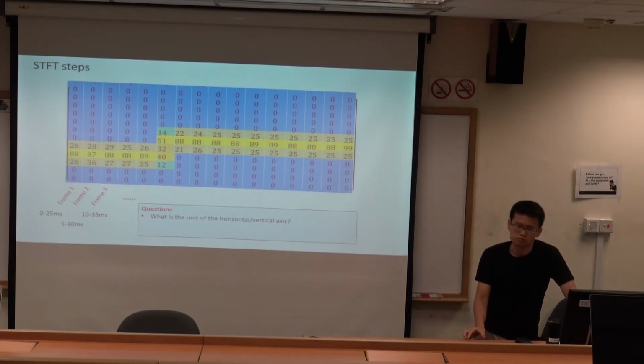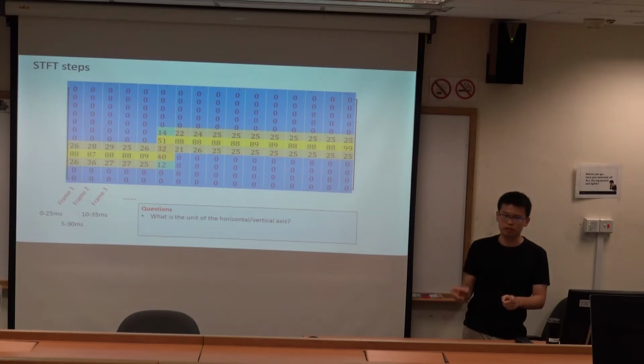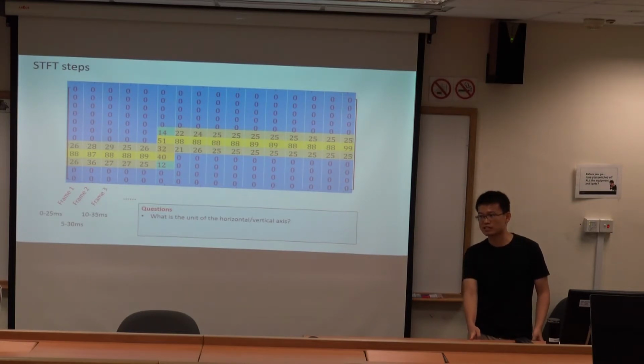If you want to know the frequency of a signal, you have to capture a period of it, right? So you cannot know the frequency and the time simultaneously. There's a trade-off here.